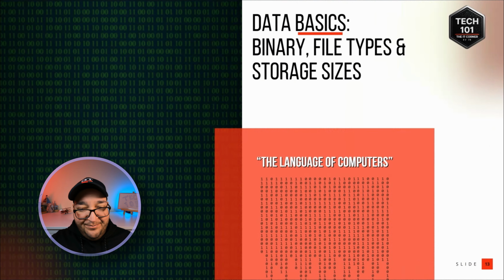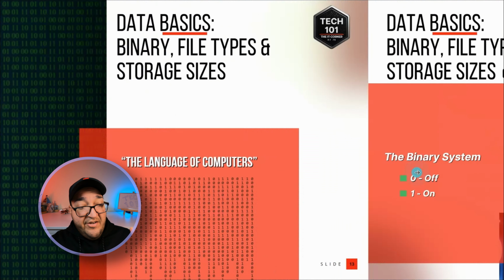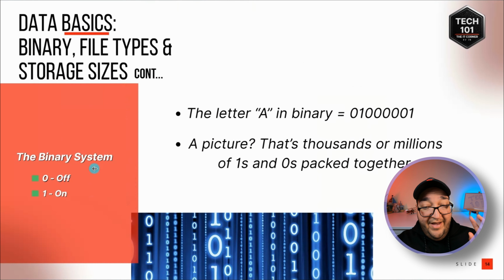But here's the part that blows most people's minds: computers only understand two numbers, the zeros and ones right here. Binary system, 0 and 1. The letter A in binary is this right here. Thousands or millions of zeros and ones packed together. Let that sink in. Crazy.